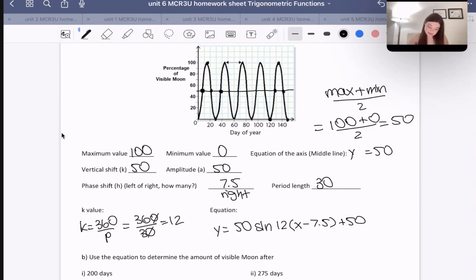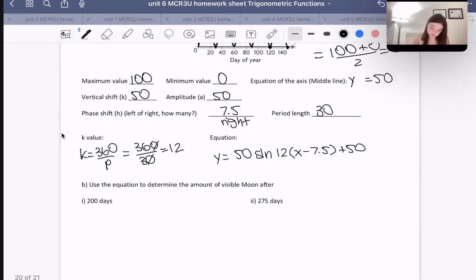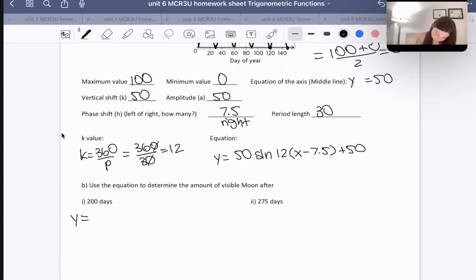They said that they wanted to know what percent of the moon is visible. So what's the y value after 200 days? So if x is 200, if we plug in 200, what do we get? In this case, I advise you all to grab your calculator to figure it out.